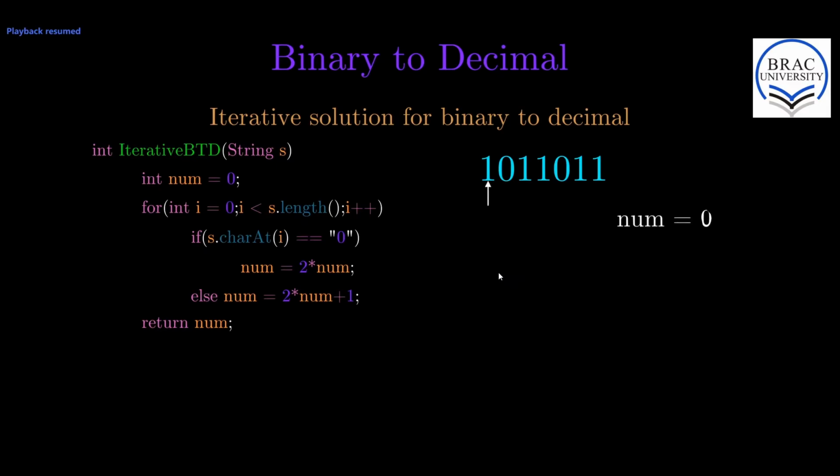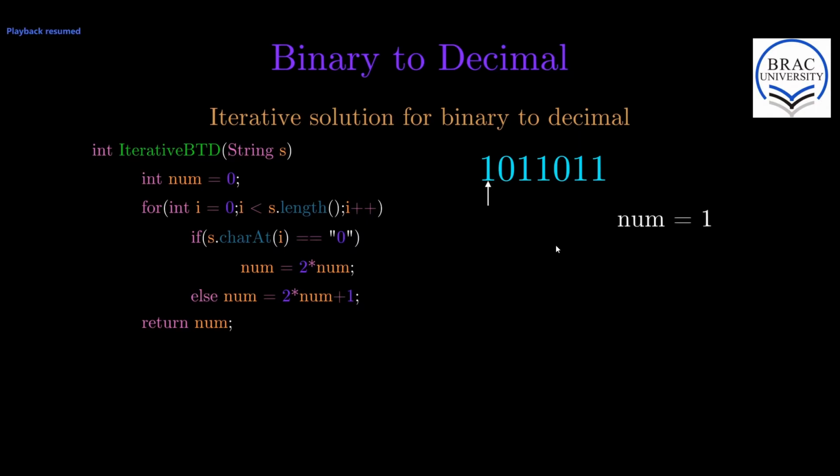We check the first character, which is 1, and since the if case isn't true because the character is not 0, we go to the else case, and num gets twice plus 1, which is 1.